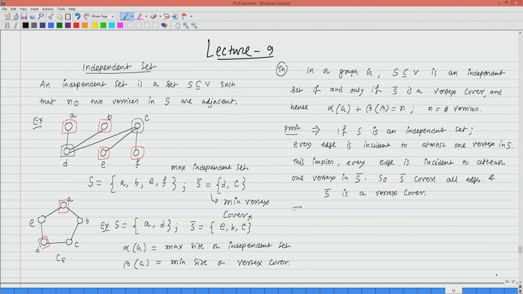And the other part: we have proved that if S is an independent set, then S complement is a vertex cover. Now, we assume that S complement is a vertex cover.